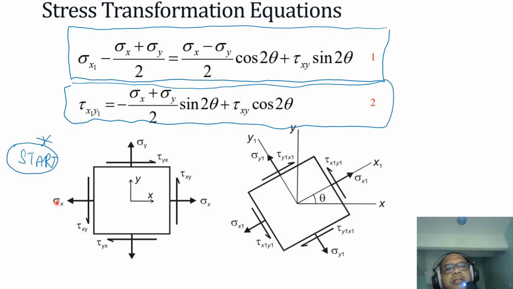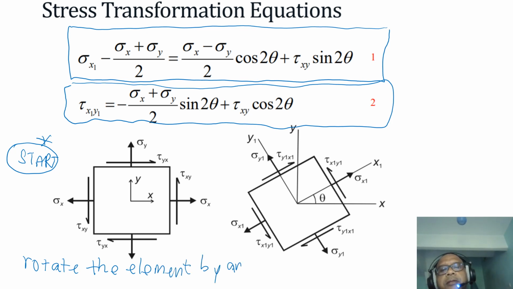We have sigma x on this side and sigma y on this side, so it's balanced. So you understand how to draw this element. If we rotate the element by an angle theta, we will have this kind of arrangement.